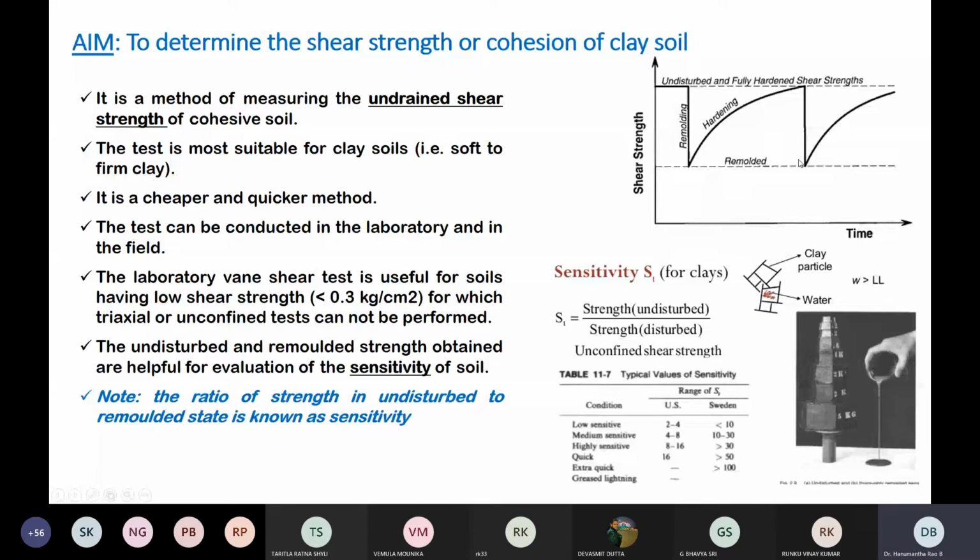That never happens. The reason is that undisturbed means this formation is done by nature. Nature takes hundreds and thousands of years to come to that particular state. But a soil sample, you compact in half an hour or 1 hour.